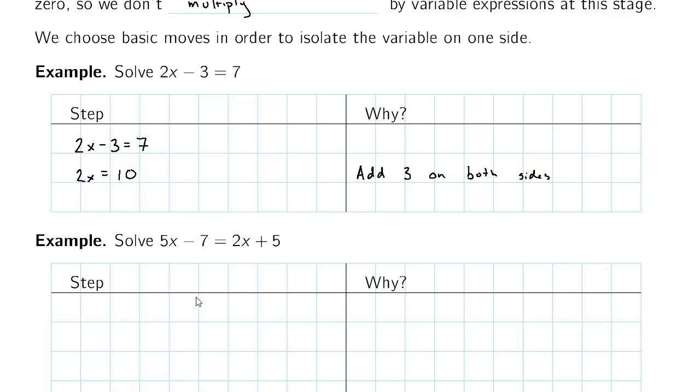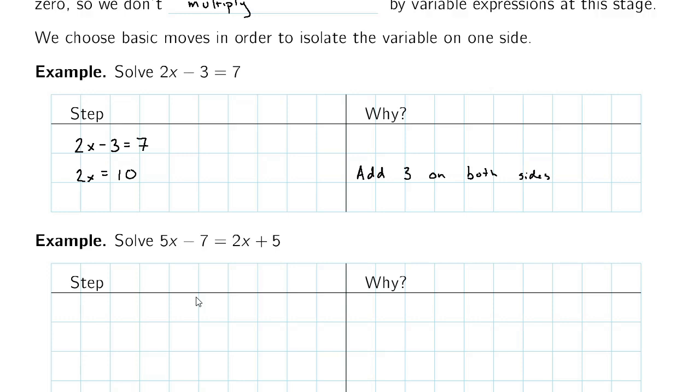And essentially the reason that I'm not writing anything to indicate that little plus 3 is that at a certain point, indicating really simple steps is just kind of cluttering up your work, right? At this point, we all know that adding 3 to both sides is a legal move. We can look at this and see that 10 came from 7 plus 3.